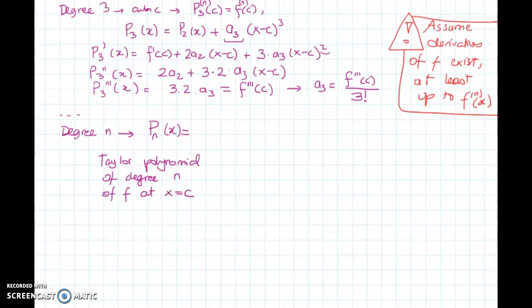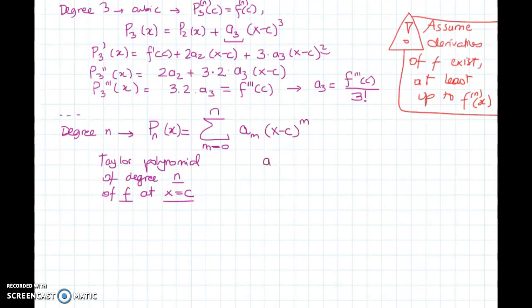of f at x equals c. So we have the degree, we have the function, and we also have the point around which we are calculating this polynomial. We are going to have the sum from m equals 0 to n of some coefficients, Am, which we are going to define, times (x minus c) to the power of m.